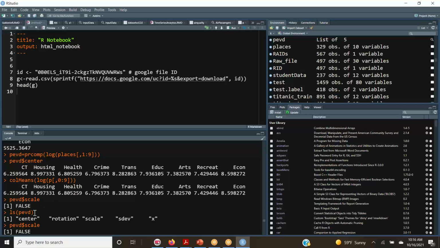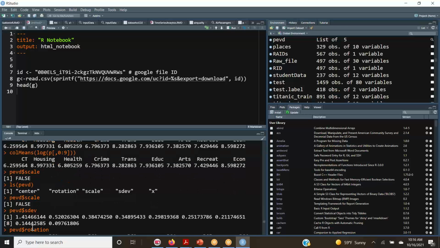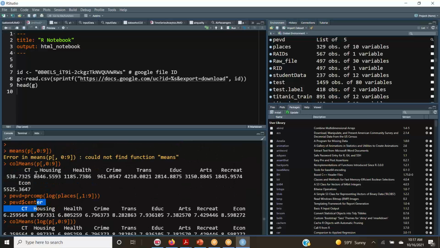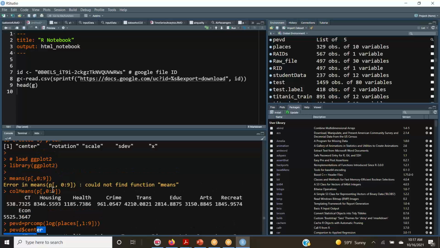Scale, instead of scale, I will come back to that. Sdev is what they call the standard deviation, and sdev refers to the eigenvalues. That's what I want to say. So these are the eigenvalues. How do I know that? Go back to PEVD.